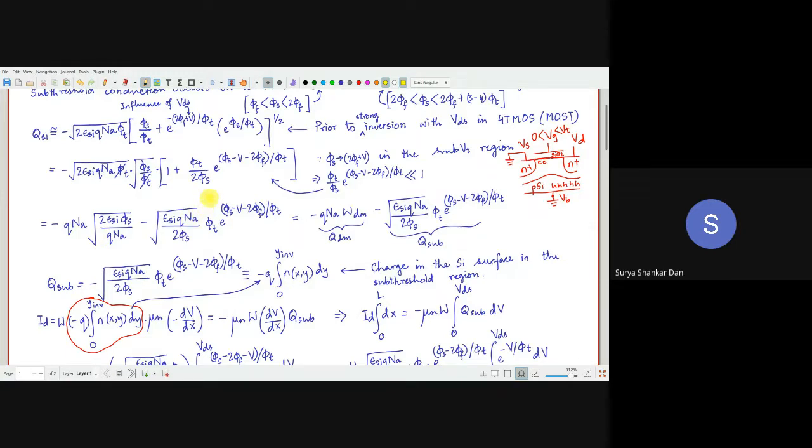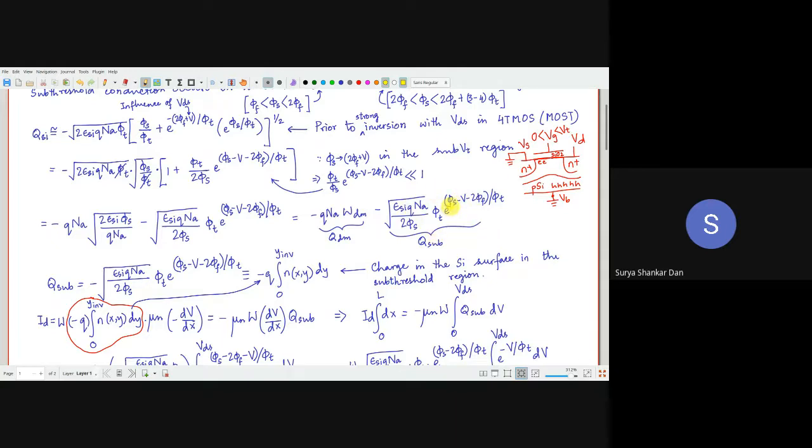All those physics you can check out on the PMMD course if you are interested. So the first part here is the depletion charge. The second part over here is only the subthreshold charge. So the currents in the subthreshold region are only because of this subthreshold charge.